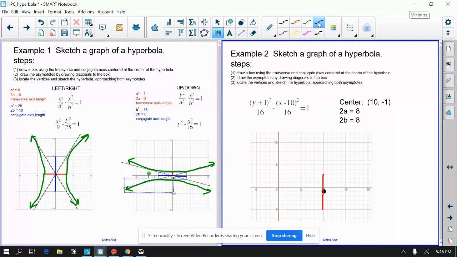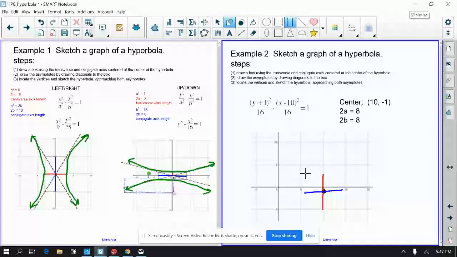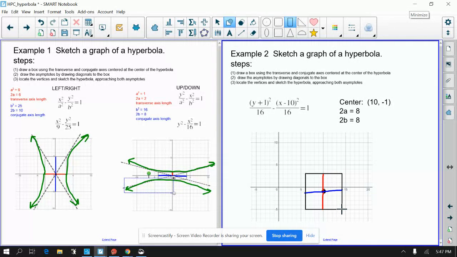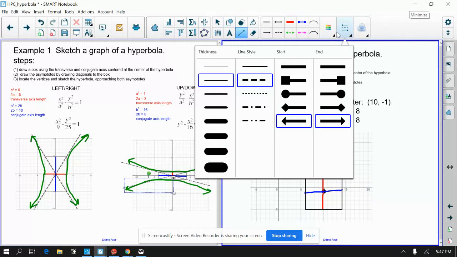And then the conjugate axis, the second thing mentioned is X, so I'm moving left and right, left 4, and right 4. And then use that information to draw my box, which in this case happens to be a square. And once I have my box, I can draw my asymptotes.